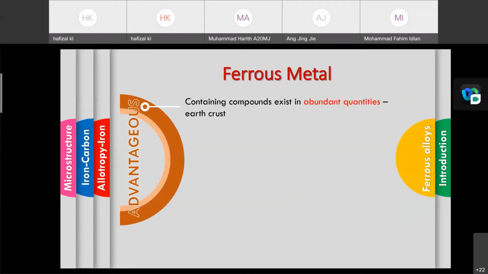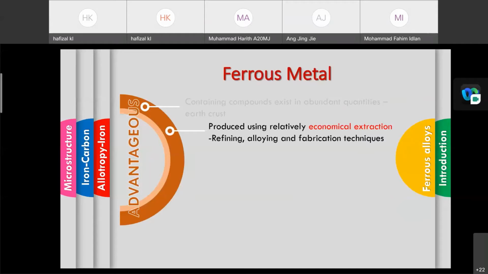It is an abundant material on earth, so it is very easy to get and also very cheap. We produce it using relatively economical extraction, refining, alloying, and fabrication techniques. A lot of research has been done, and the tools and machining related to this ferrous metal are widely known, so the extraction is economical.